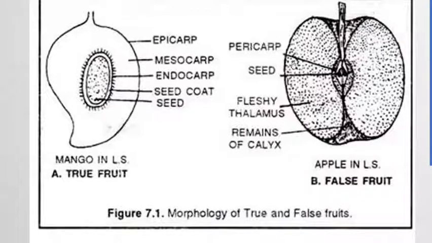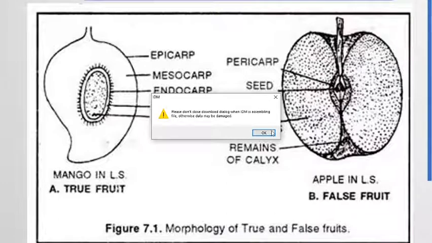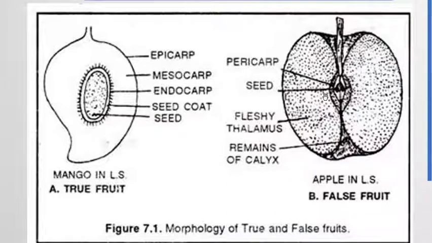But in the case of the apple, this part inside the apple comes from the ovary, and the remaining fleshy part of the apple comes from a part of the flower other than the ovary.